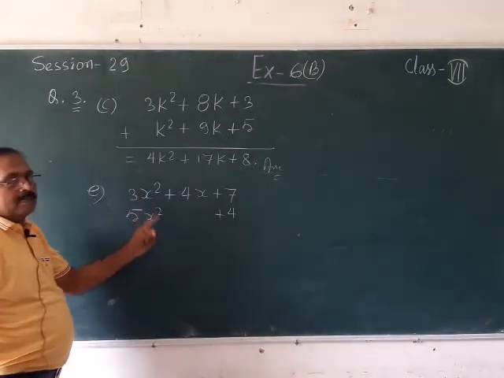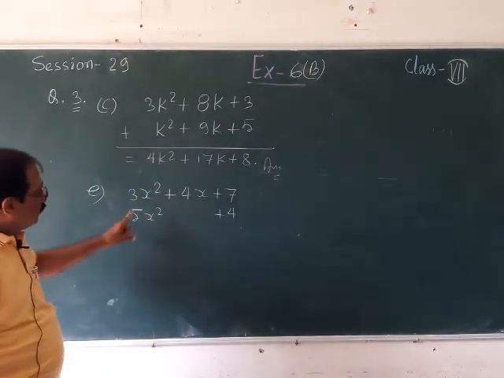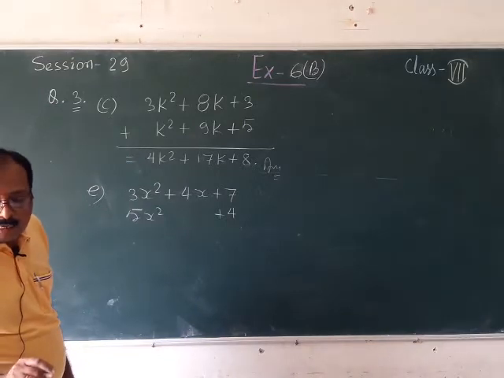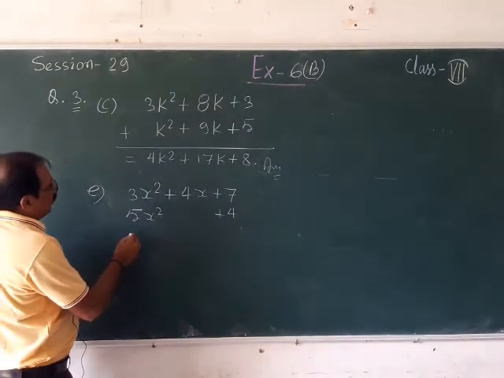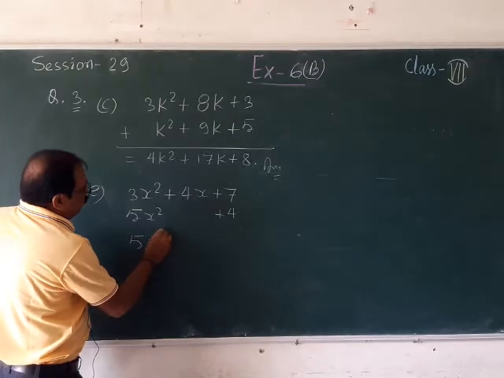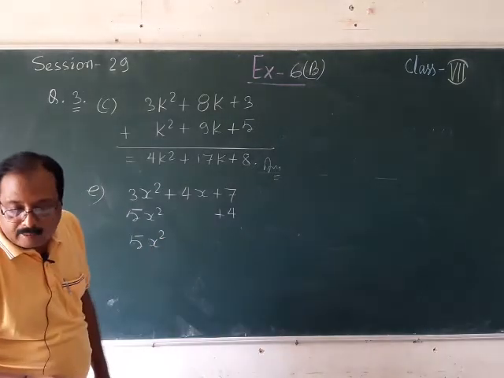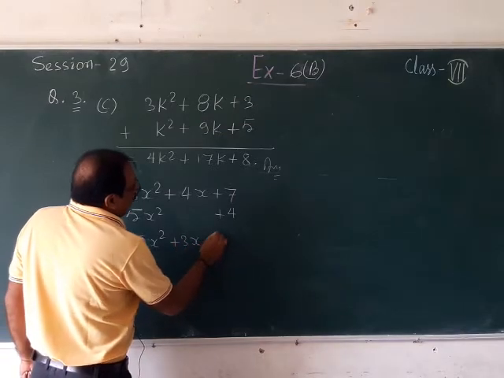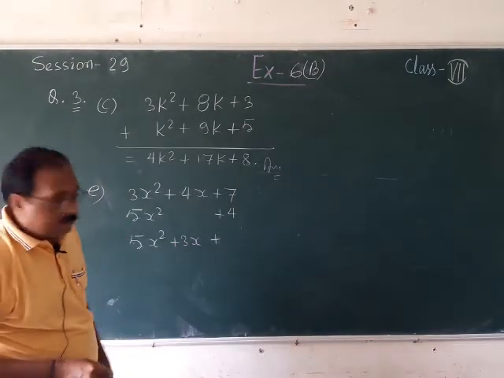Then when you are writing the terms, arrange them so that like terms are written together. The third term is 3x plus 5x square. So I am writing 5x square first, you have to arrange the terms, then plus 3x, and then minus 1.